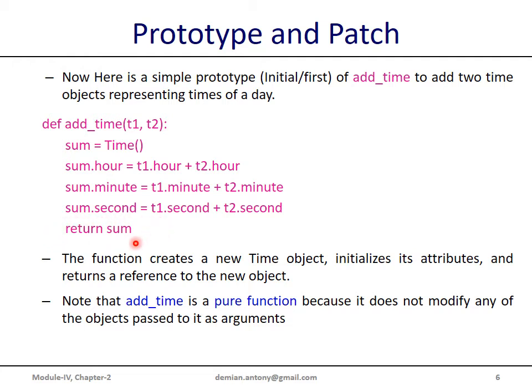This function creates a new time object and initializes its attributes hour, minute and second based on the values of t1 and t2, and finally returns the new time object called sum. Note that add_time is a pure function because it doesn't modify the object parameters t1 and t2.